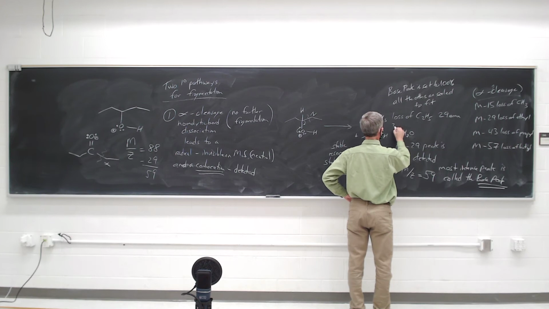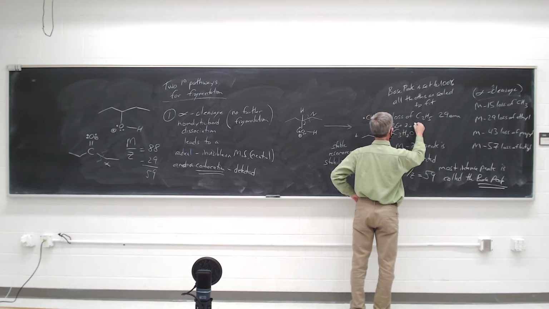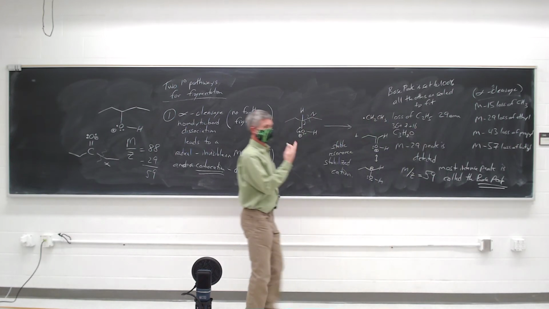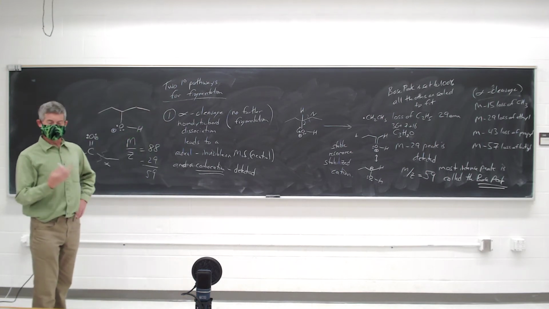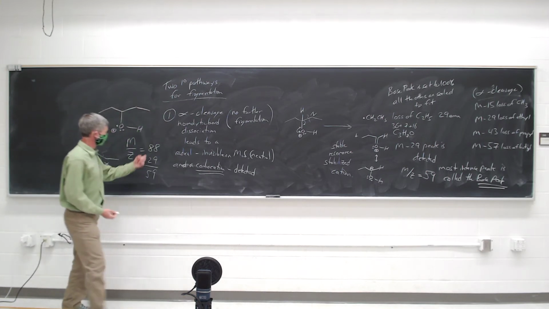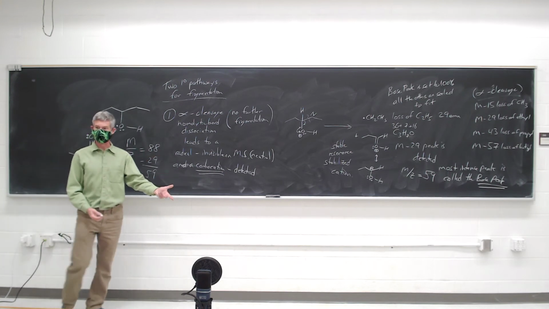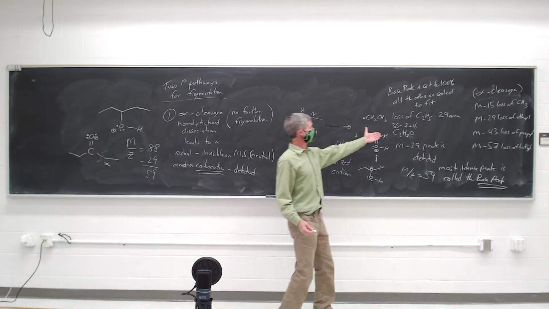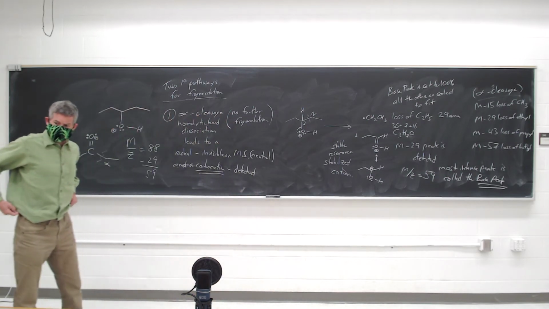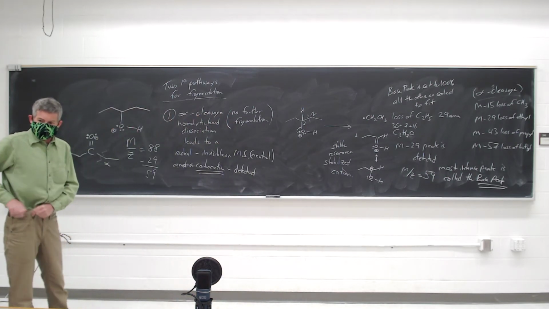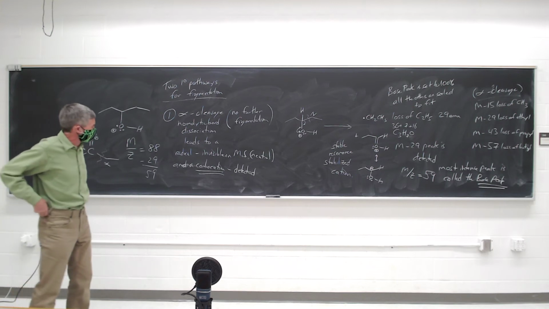So that's 36 plus 7 plus 16. If I didn't mess up, that should add up to 59. But as I said, it's usually easier to use your molecular ion and subtract what disappeared than it is to constantly be figuring out the molecular weight of the actual fragment. Does that cover it? Yes, thank you.